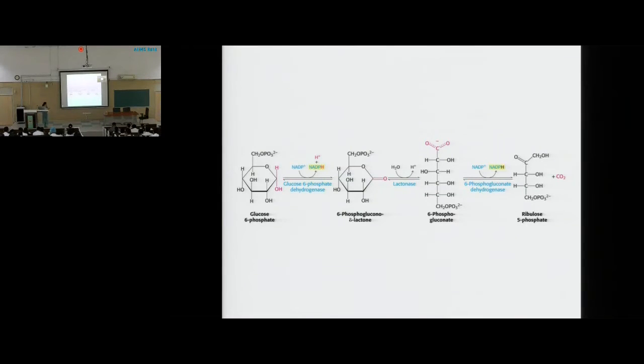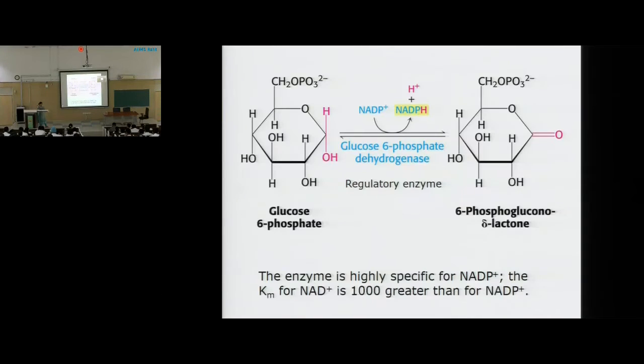So here I just want to highlight that the ring is opened in this lactonase step. Here the ring will be opened, and then onwards it will be an open ring reaction. This particular enzyme, they say, is highly specific for NADP.